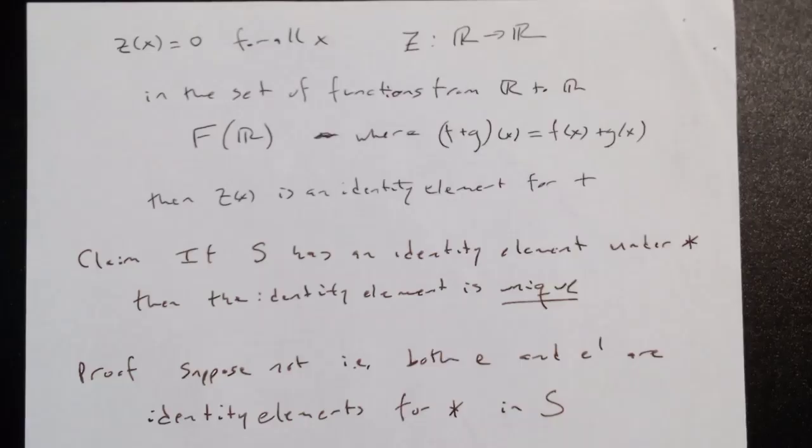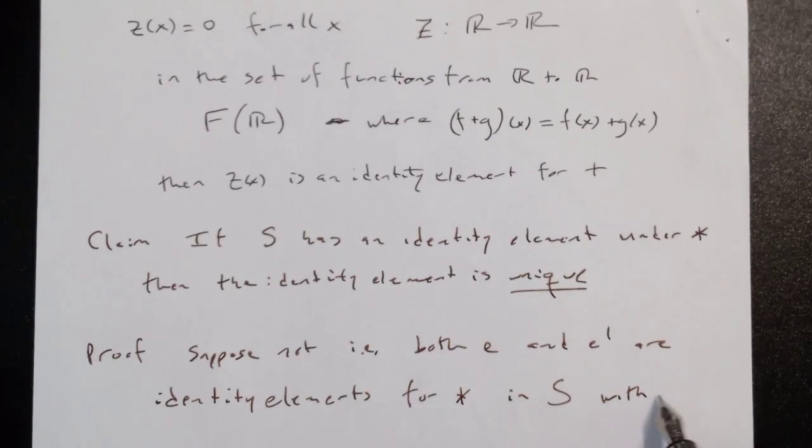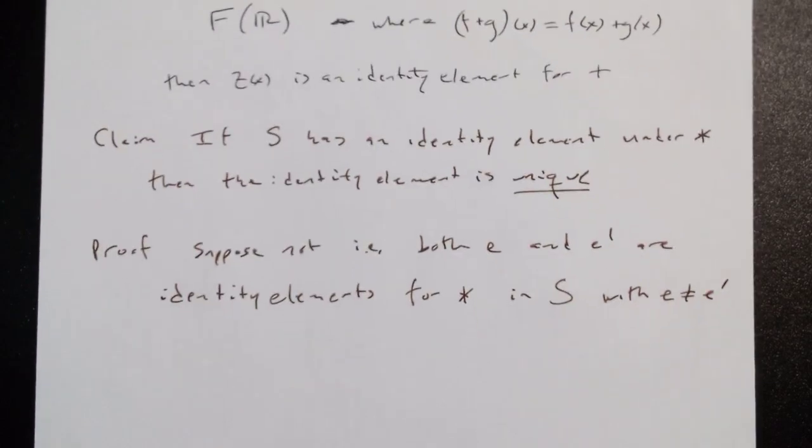So let's suppose I have two of them and they're different. E and E prime. If you don't like using E prime, feel free to use F or I or something else. Doesn't matter. What's it mean for E to be an identity?